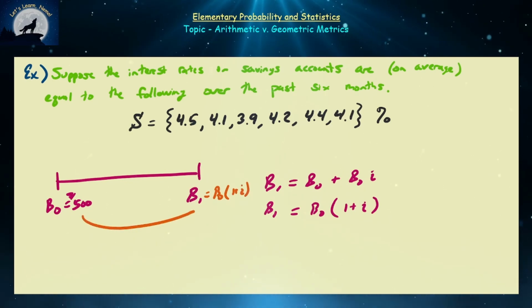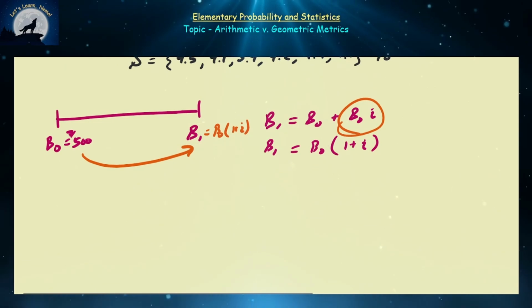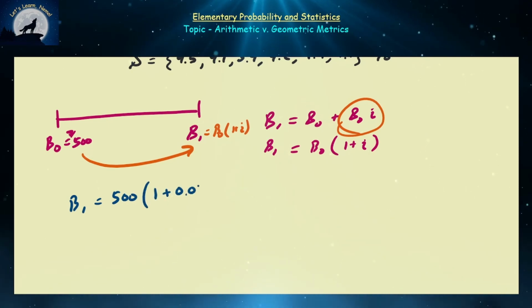So we go from 500 to 500 times 1 plus I, and we did add some money to it, in particular B0 times I. But from this expression, we can clearly see there are other ways to transfer from B0 to B1, because B1 would just be equal to 500 times 1 plus 0.045, and that will give you our new balance of something more than 500, right?